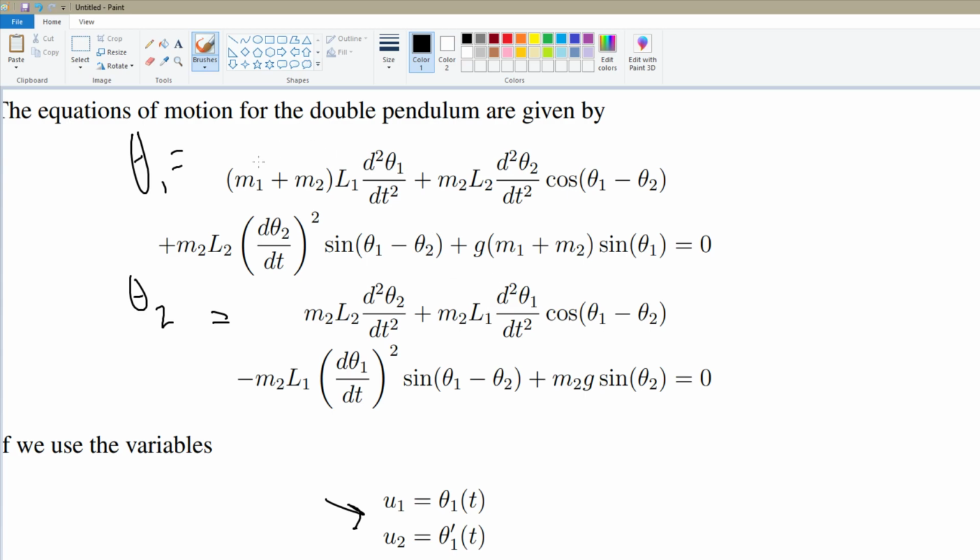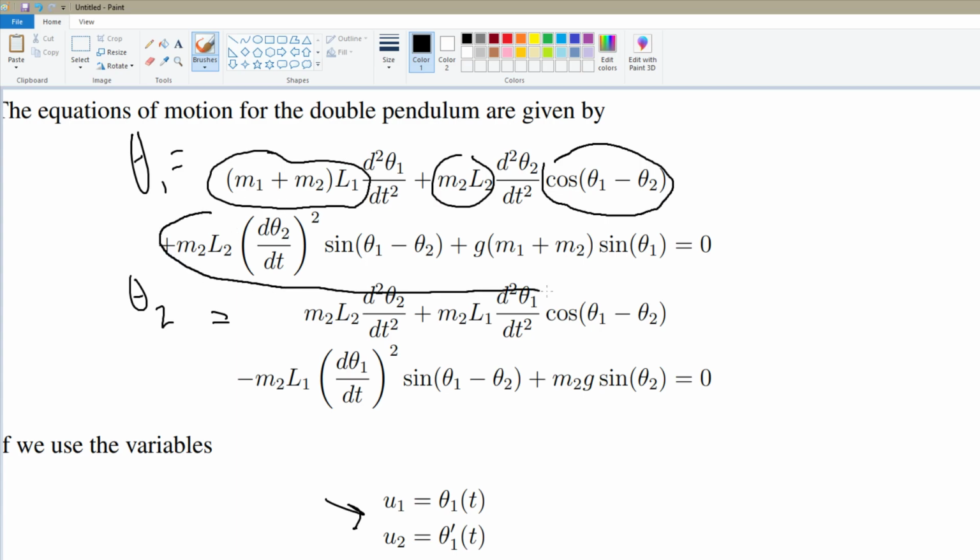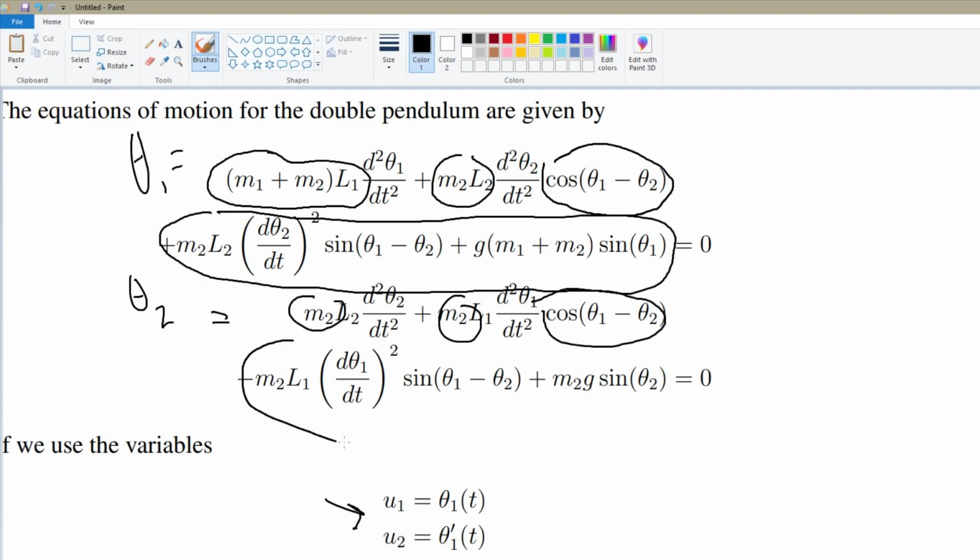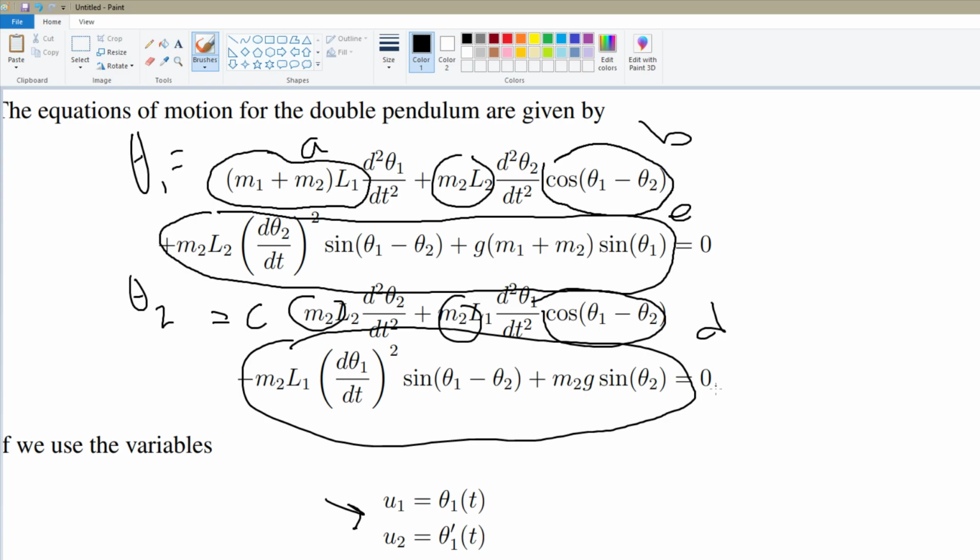What's important is we also have these. So we have A, B, C, D, E, and then F. When we rewrite it without all of the mumbo jumbo, you can turn such a complex looking problem into a really easy one.